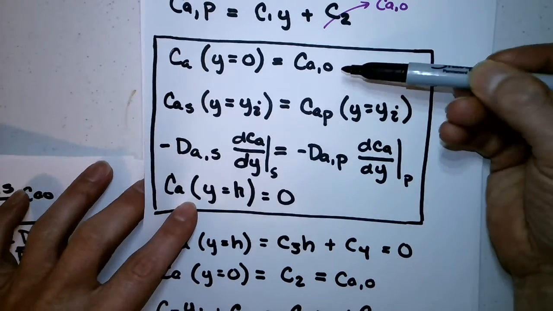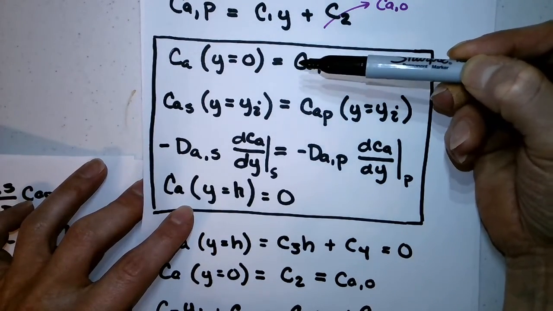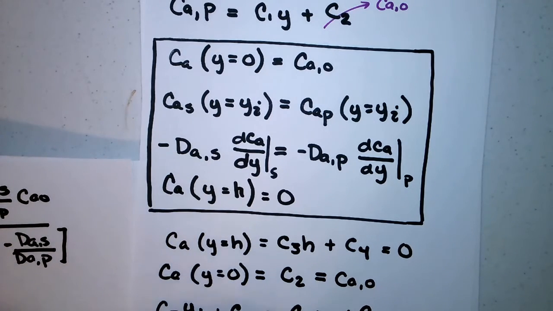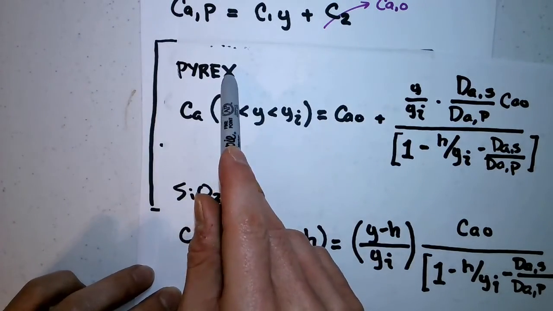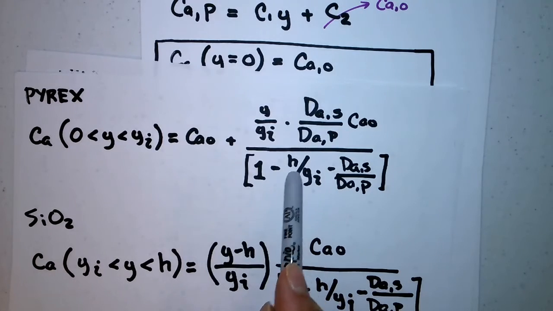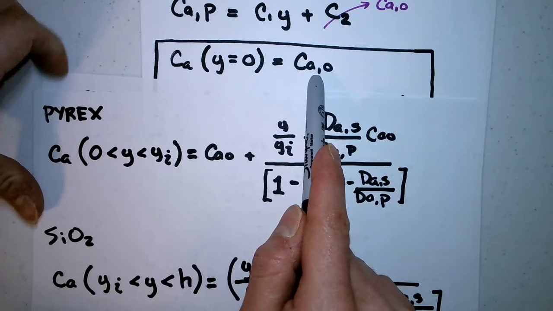All right. So the first boundary condition that we applied was that the concentration at Y equals 0 has to be the initial concentration. So let's see, that has to do with the concentration through the Pyrex. And what we need to do is plug in y equals 0 to this function and make sure that we end up with the original concentration.